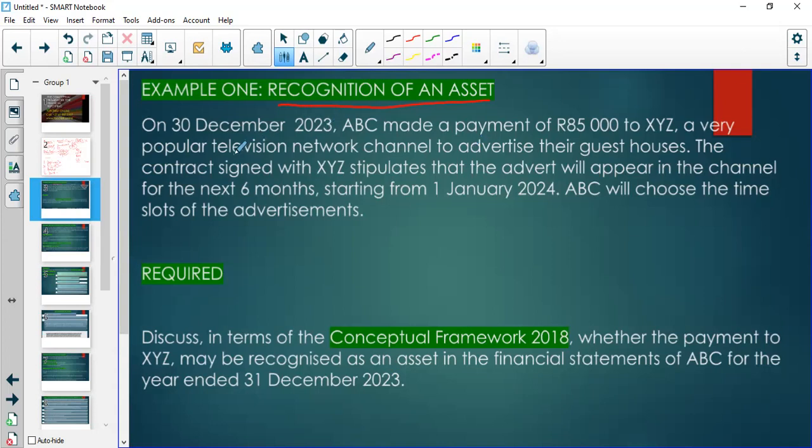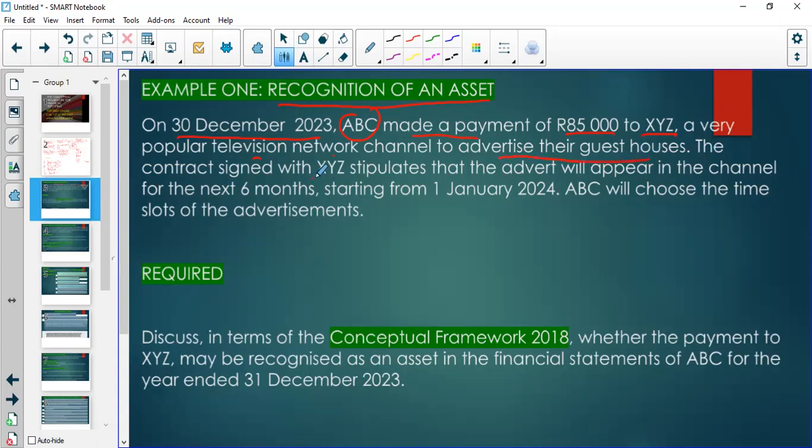So here's our example. On 30 December, our entity ABC made a payment of 85,000 Rand to XYZ. Now XYZ is a popular television network. And so what ABC is doing is that they want to advertise their guest houses.